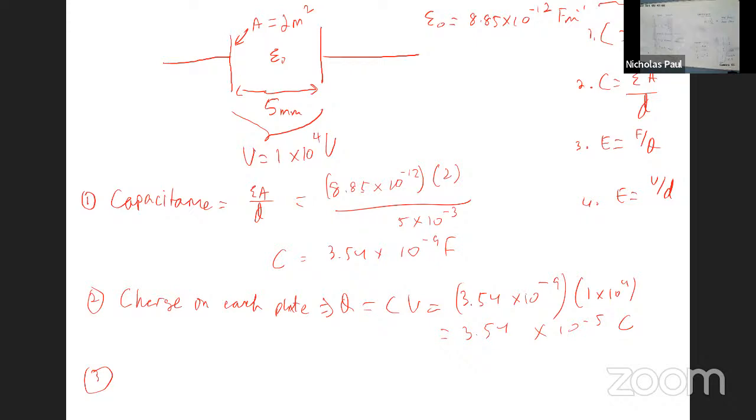Last one. I want to find the electric force that this will exert.